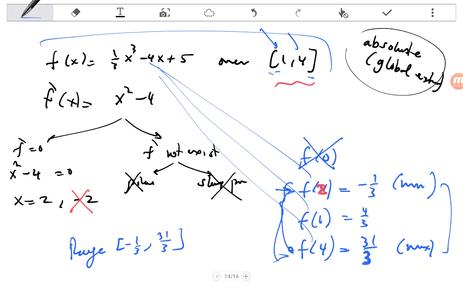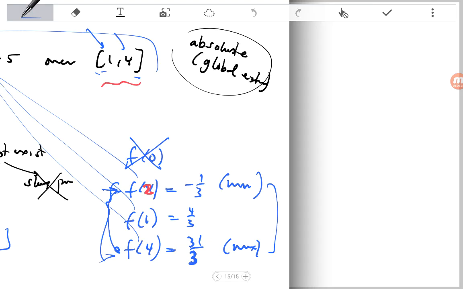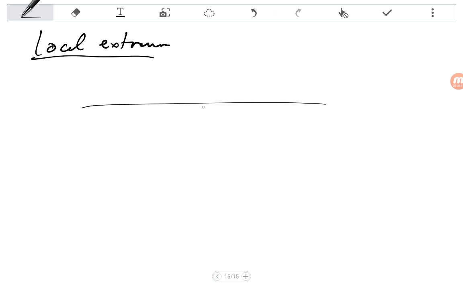We have learned how to find the local maximum using the first derivative. Let's return again to the local extrema. We have learned to find local extrema by checking the sign of the first derivative. This is called the first derivative test.